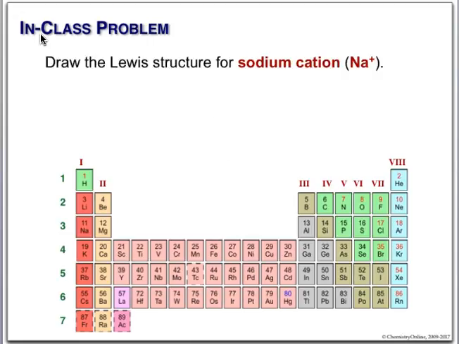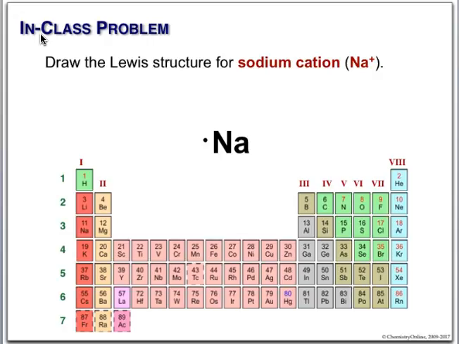One last one. The sodium cation. Here's a positive one. Let's find sodium. Well, sodium is right here in group 1. It will have 1 electron. We draw our sodium. It has 1 electron, group 1.